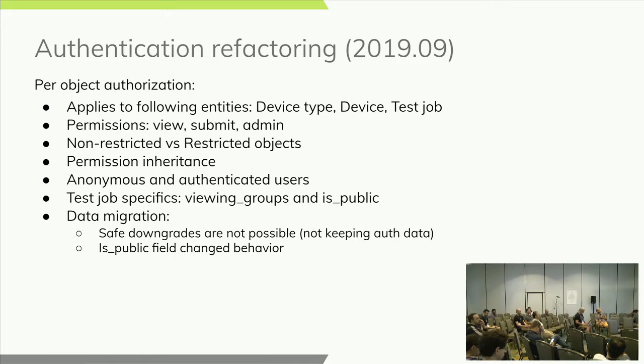We made this permission system inheritable, meaning that if you apply any permissions to a device type, all the devices will inherit those permissions, and all the test jobs on this device type will also inherit those permissions.